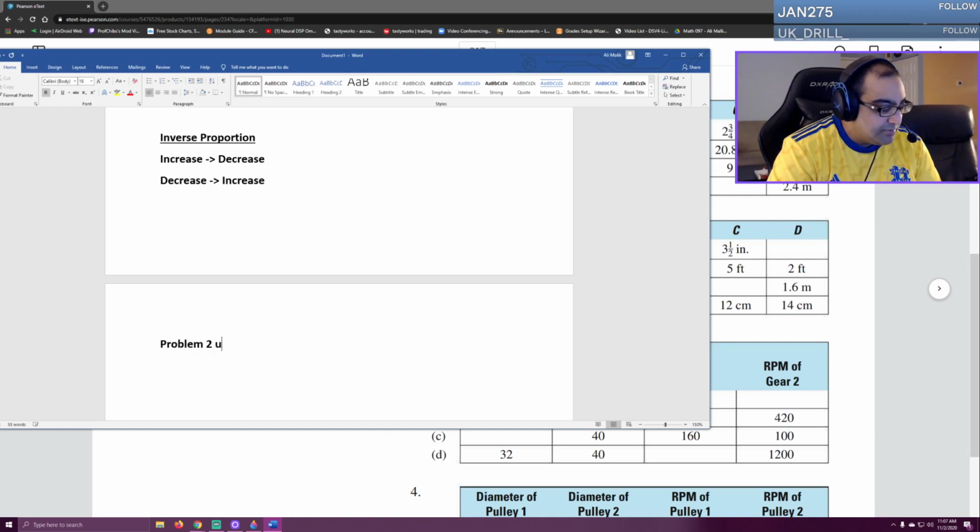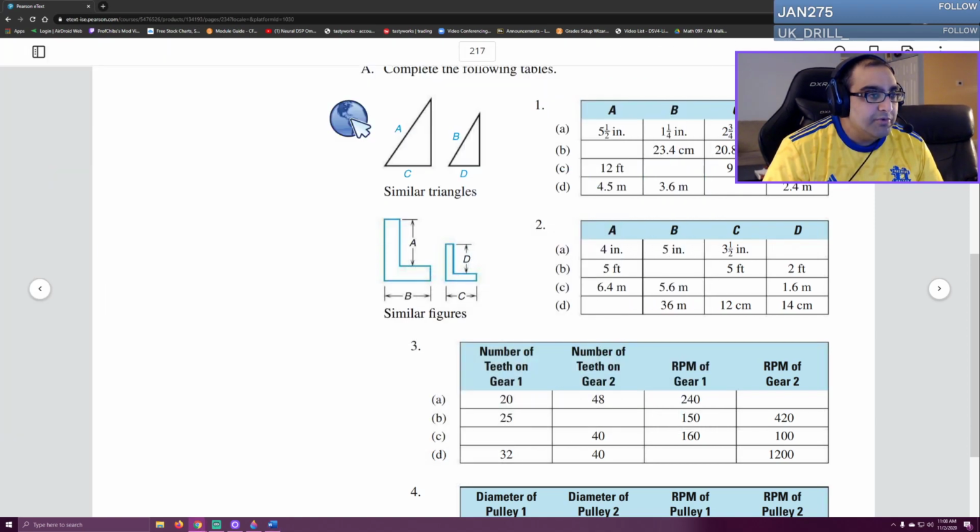Problem 2 using a direct proportion. So let me put this up here.